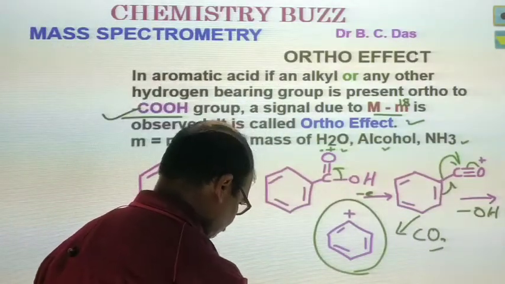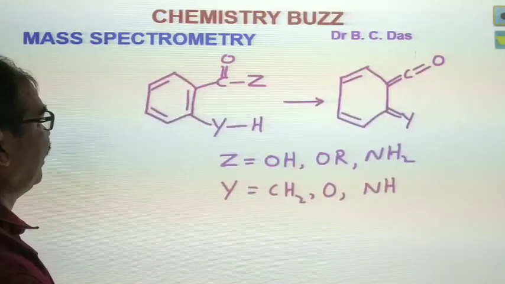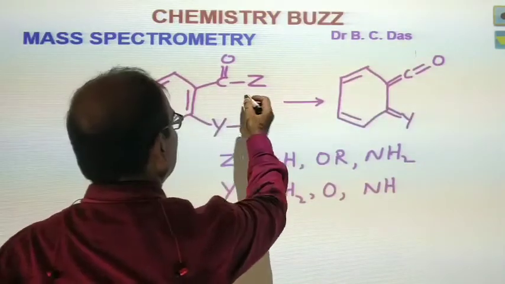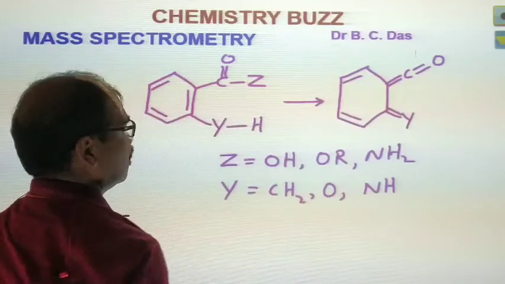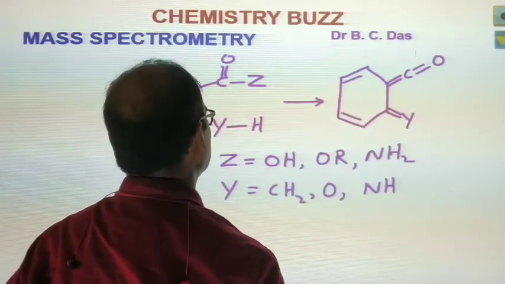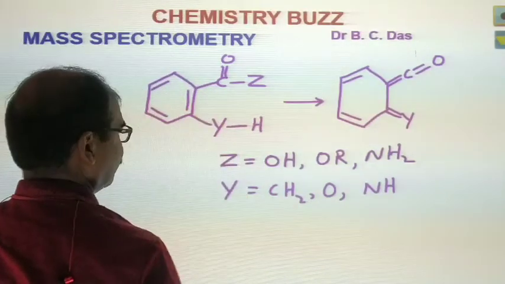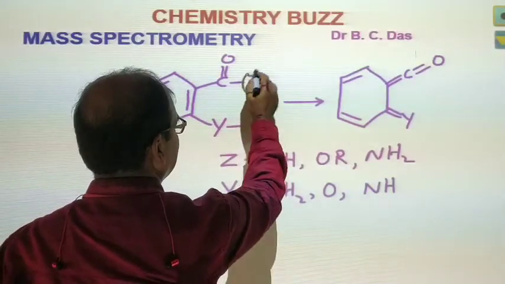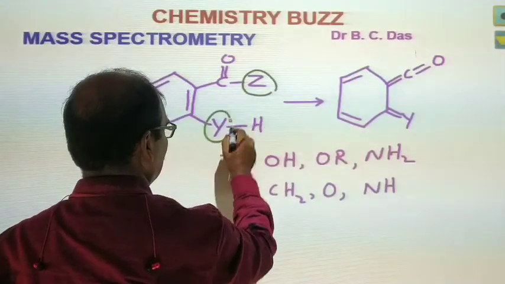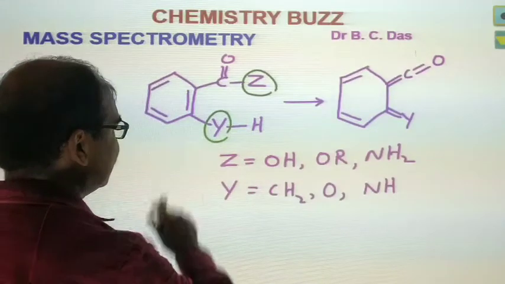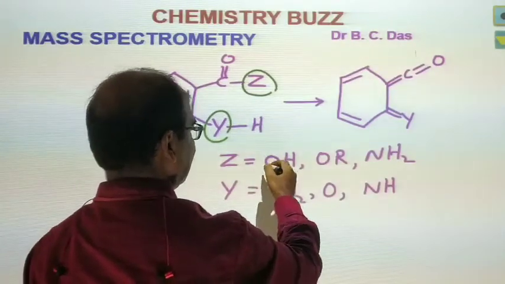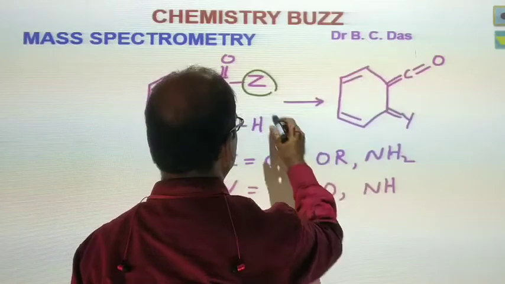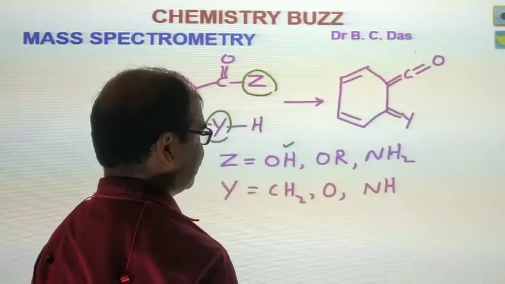But the ortho effect comes into play when this is an ortho isomer of a compound. We have taken here Z and Y. So what may Z be? Z may be OH; if it is OH, then it is a carboxylic acid.